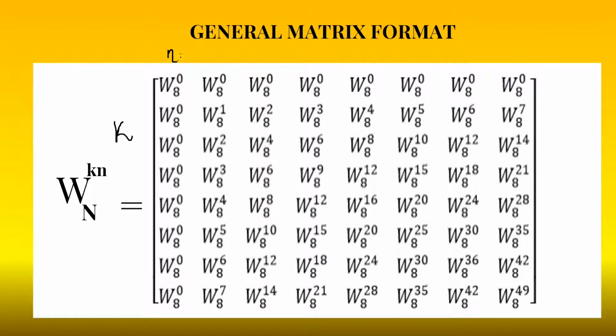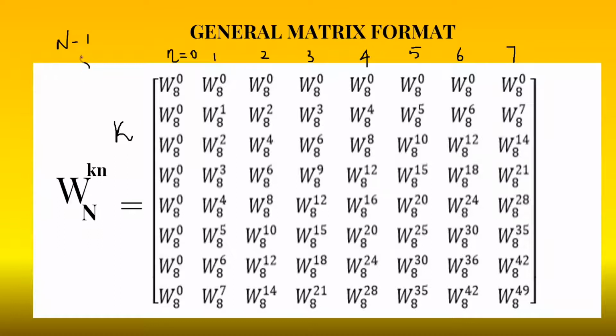Substituting first n is equal to 0, 1, 2, 3, 4, 5, 6 and 7. How do we take 7? It's nothing but n minus 1, that is 0, 1, 2, 3 extends up to n minus 1.